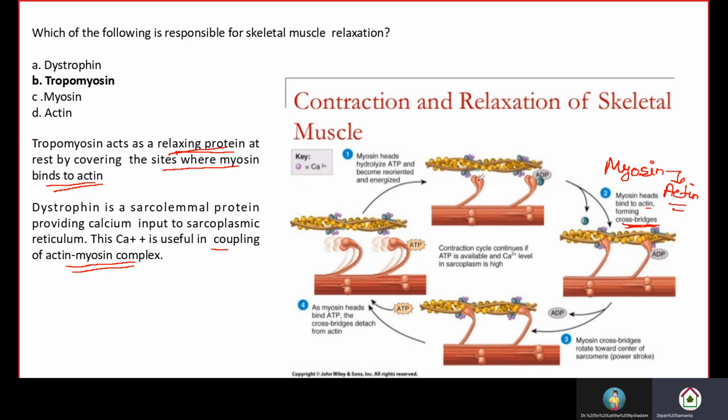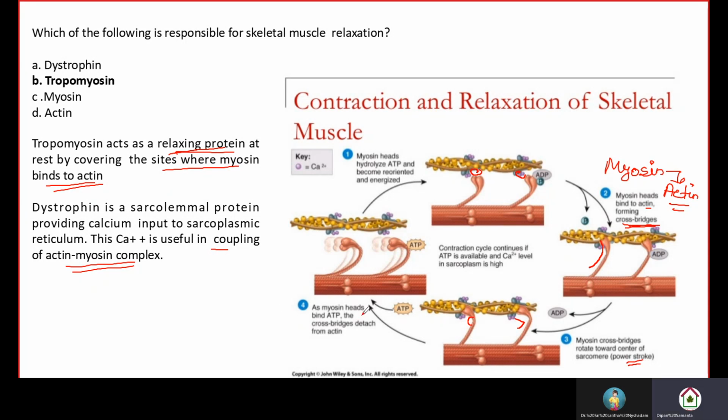So first of all, they were not forming the cross bridge. There was a gap, and now they form the cross bridge. Then number 3, myosin cross bridge rotates. Then you see it starts rotating. The angle becomes more steep like this. It was first like this. So the myosin cross bridge rotates towards the center of sarcomere. That is called power stroke.